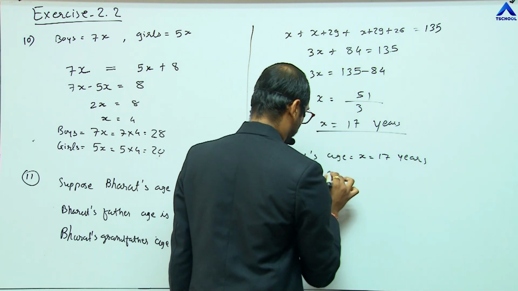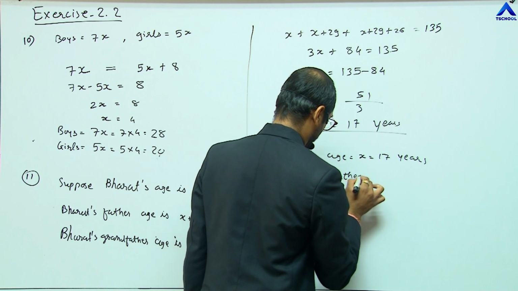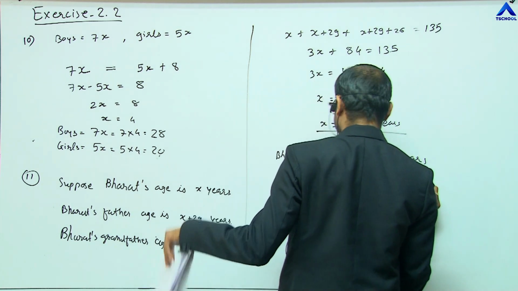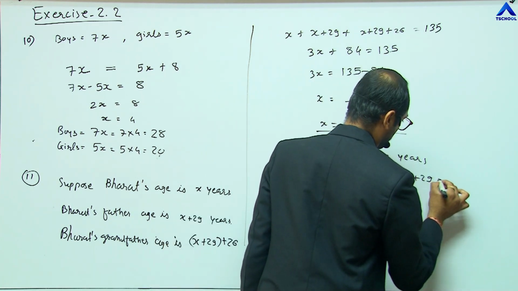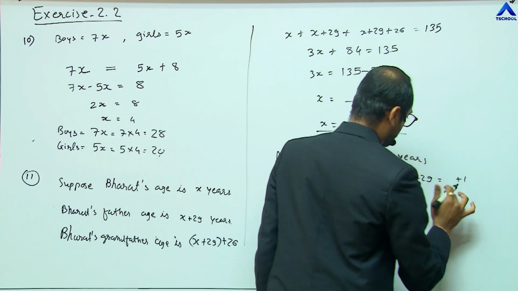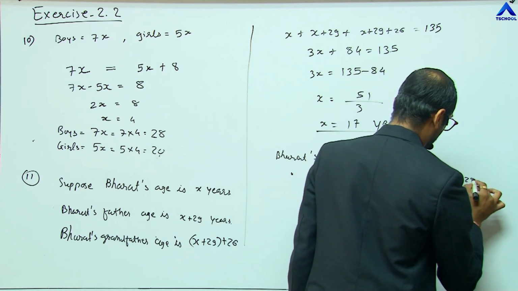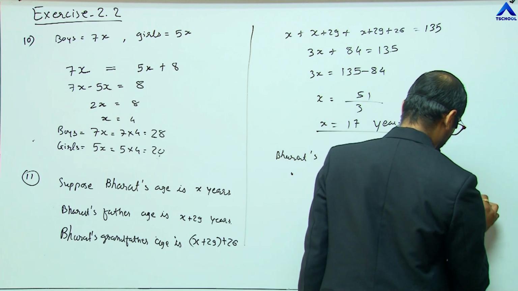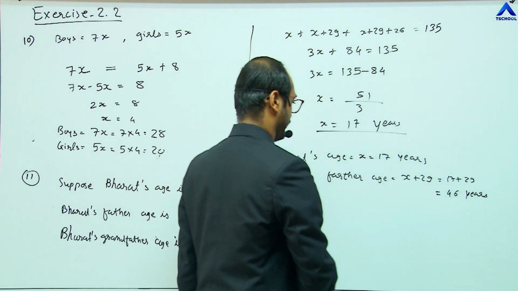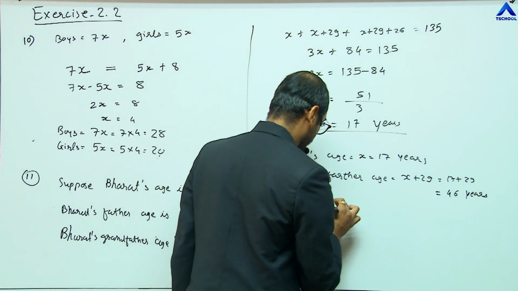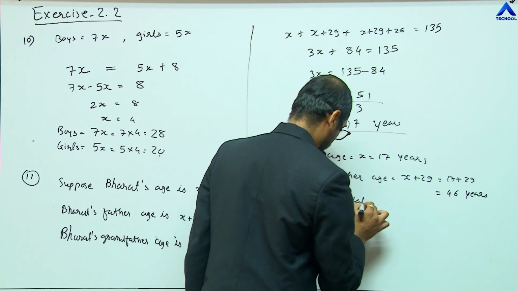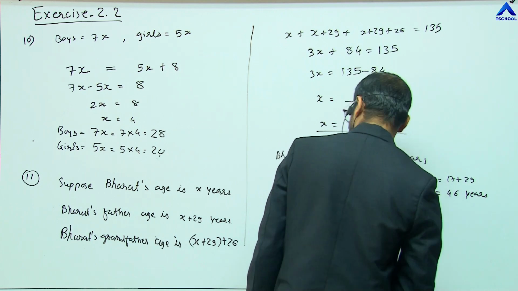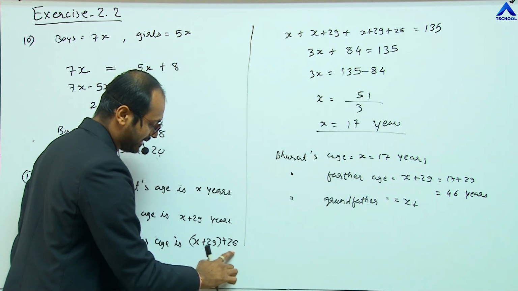What is Bharat's father's age? That is x plus 29, that is 17 plus 29. What is this addition? 46 years. And Bharat's grandfather's age is x plus 29 plus 26.